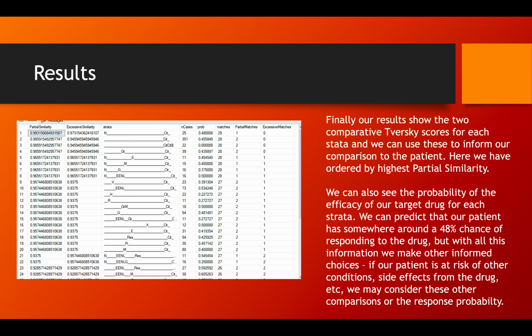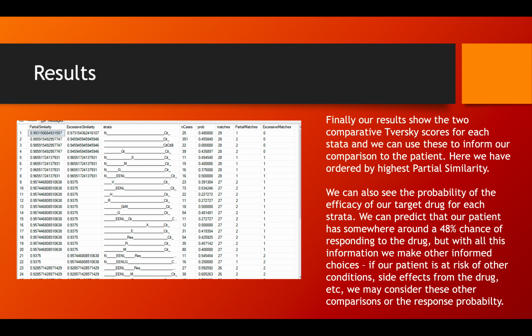What if our patient is at risk of other conditions? We can compare the probability of other strata and see if it has a long-term benefit to our patient, or if that benefit of the drug might go away if he develops other diagnoses along the way.